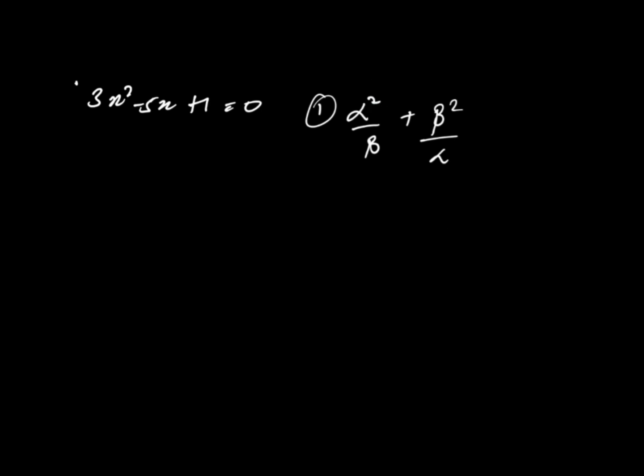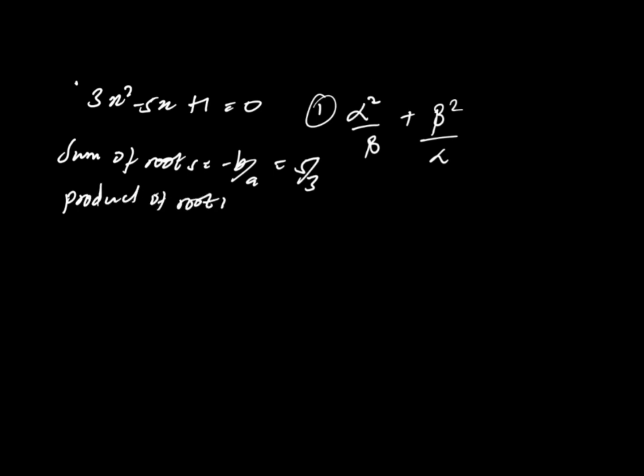So out of that, when I'm working this out, what I'm going to do first is get the sum of roots, which would be equal to negative b all over a, in this case giving me 5 out of 3, and then the product of roots, giving me c over a, which is 1 out of 3.